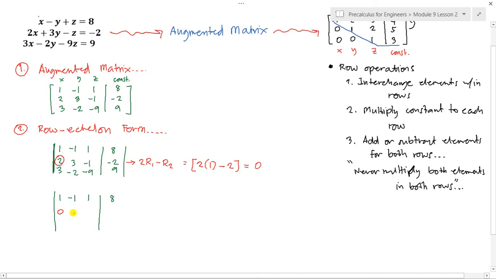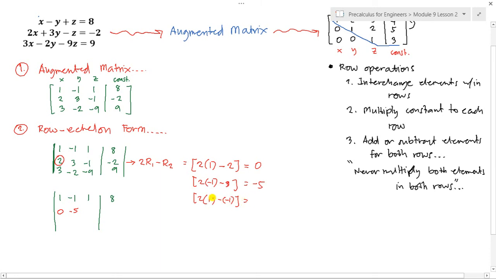How about the second column, second row? Just follow, right? That is 2 times negative 1 minus 3. What is the answer? Negative 2 minus 3, negative 5. Correct? So negative 5. How about the third column? 2 times 1 minus negative 1.